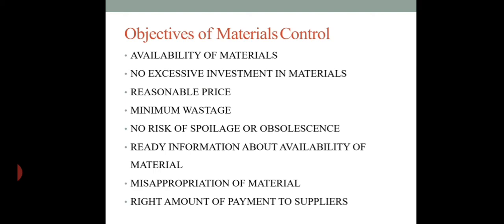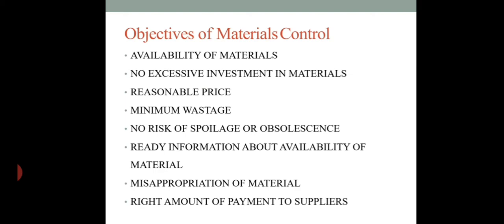When bulk purchases are made, the purchased materials are stored in the godowns, and the overstock is used in the factory. Wastage should be allowed only up to a certain level, known as normal wastage.